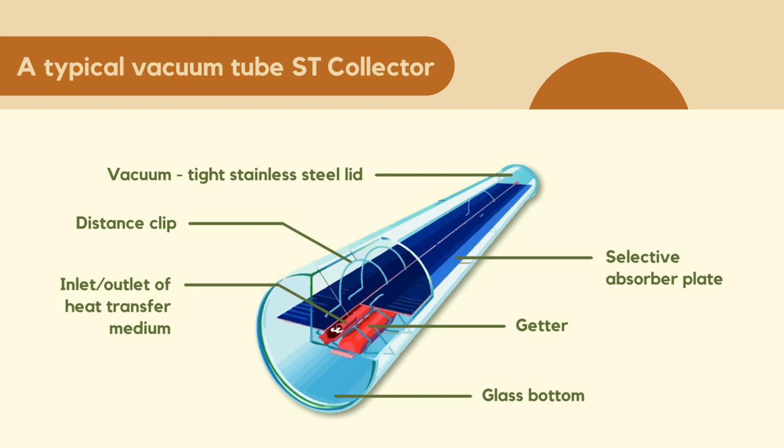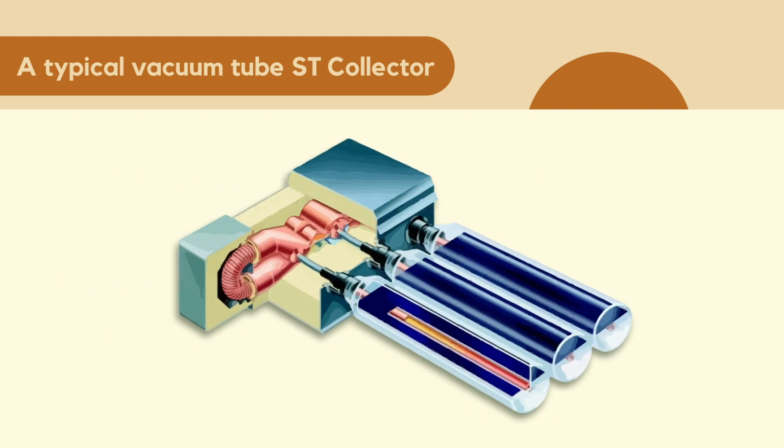This absorber plate has a certain high selectivity coating which allows a high absorption while at the same time a low reflectivity. Here is an example of 3 vacuum pipes installed in a manifold of a solar thermal collector.